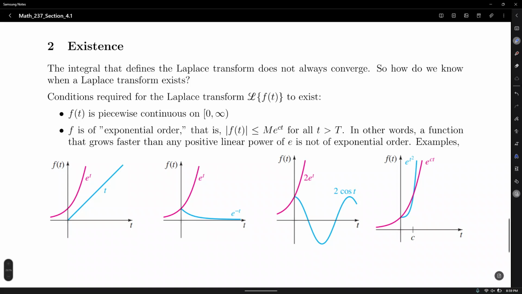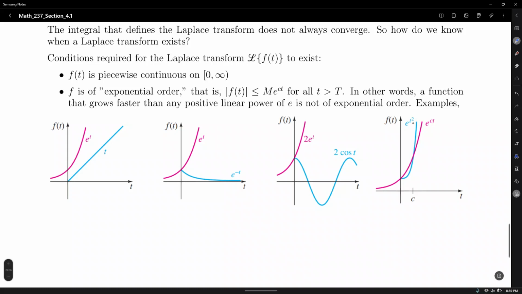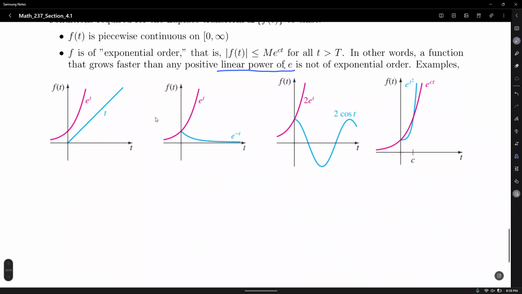However, the function e to the t squared does not have a Laplace transform, because this function grows faster than any linear power of e. A linear power of e is ct, and this one is t squared. A t squared exponent, or a quadratic exponent, will make the exponential grow faster than a linear exponent. Therefore, e to the t squared will not be of exponential order.